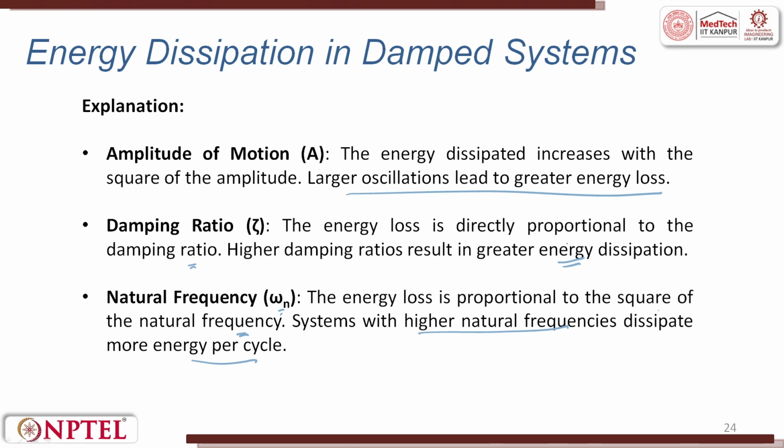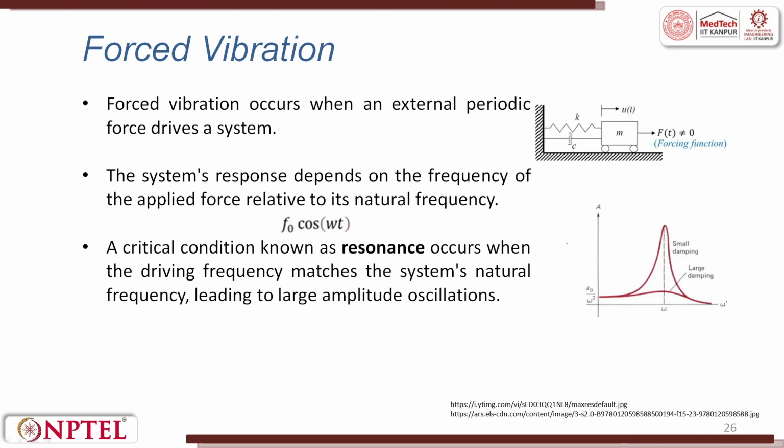Now, once we have understood the energy dissipation in damping systems, let us try to understand a little bit more about forced vibration. Forced vibration occurs when an external periodic force drives a system. The system's response depends on the frequency of the applied force relative to its natural frequency.